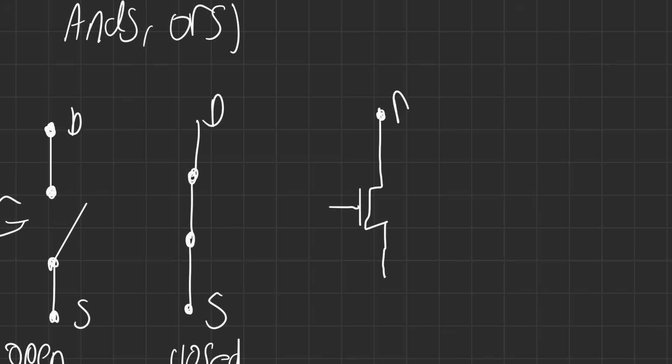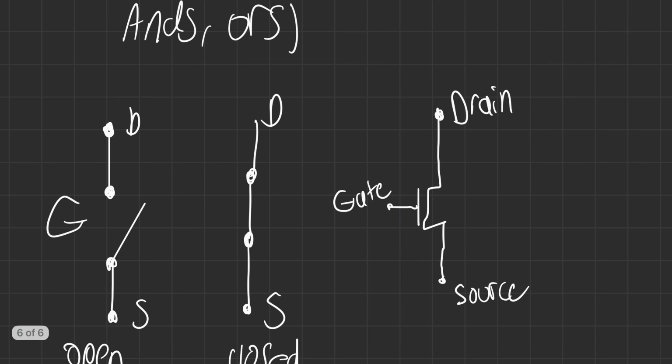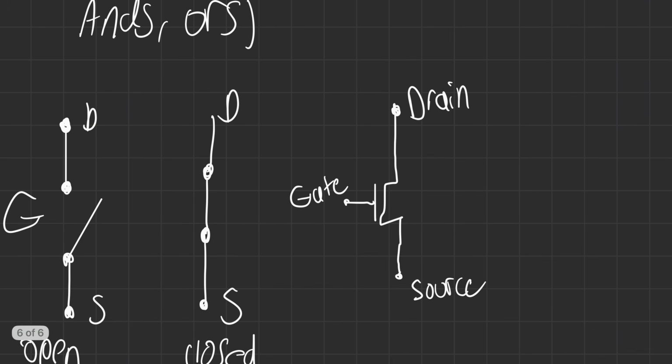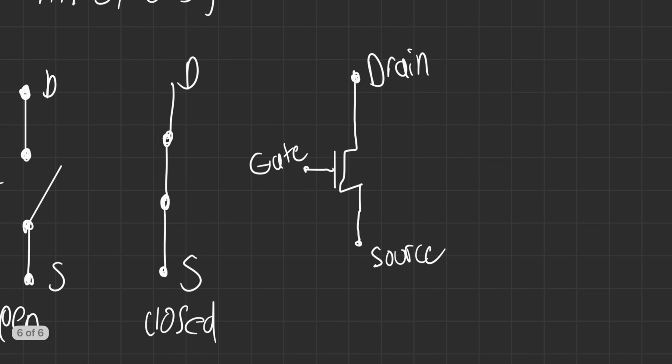And we'll denote this, the drain. We'll label it. Drain. Source. And then we'll call this gate. So gate for obvious reasons, kind of the example before. So there is a direct analog of what I was drawing here of a basic switch to this NMOS.